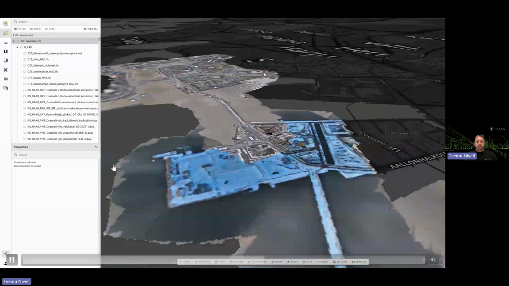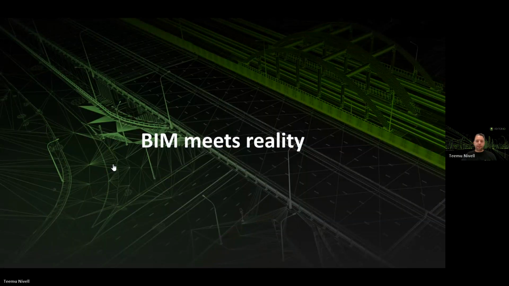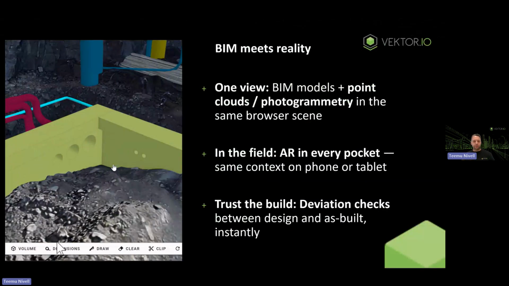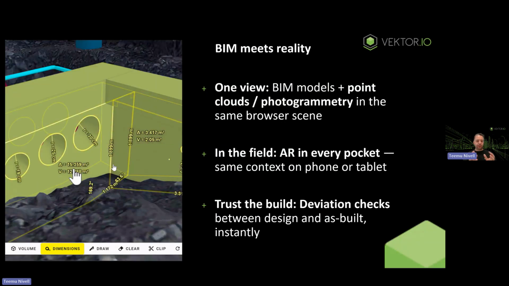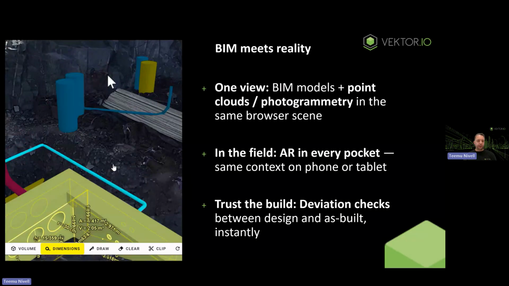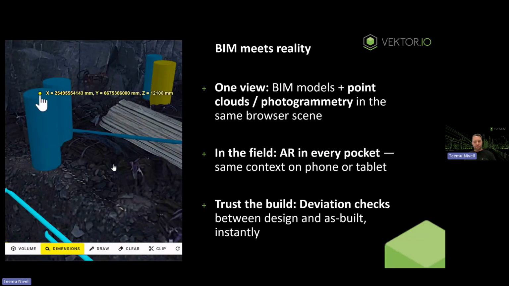Good. Let's go to the first theme, BIM meets reality. What does BIM meets reality mean for our user? First, it gives one consistent view for everyone. We put BIM models and reality captures, point clouds, and photogrammetry into the same browser scene.